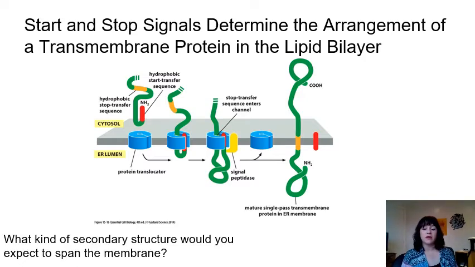And we talked about how alpha helices tend to be the secondary structure found in regions of proteins that are inserted into plasma membranes. So again, this hydrophobic stop transfer sequence likely contains an alpha helical structure. And all those side chains on that alpha helix are non-polar so that it can sit in that phospholipid bilayer.